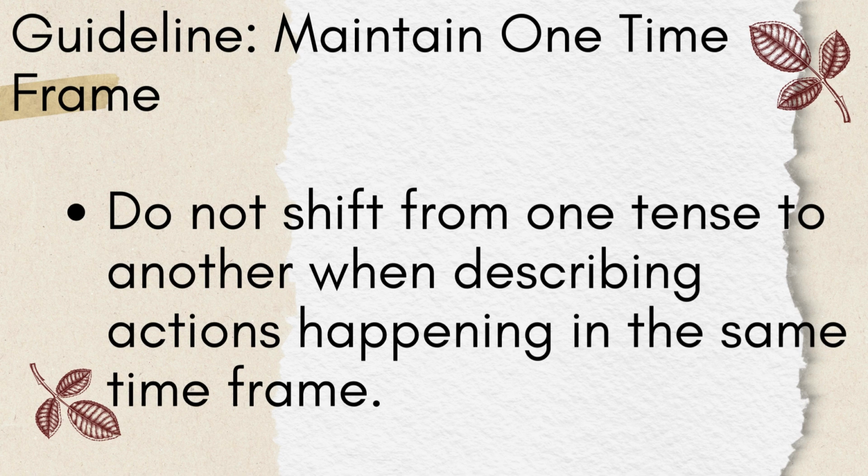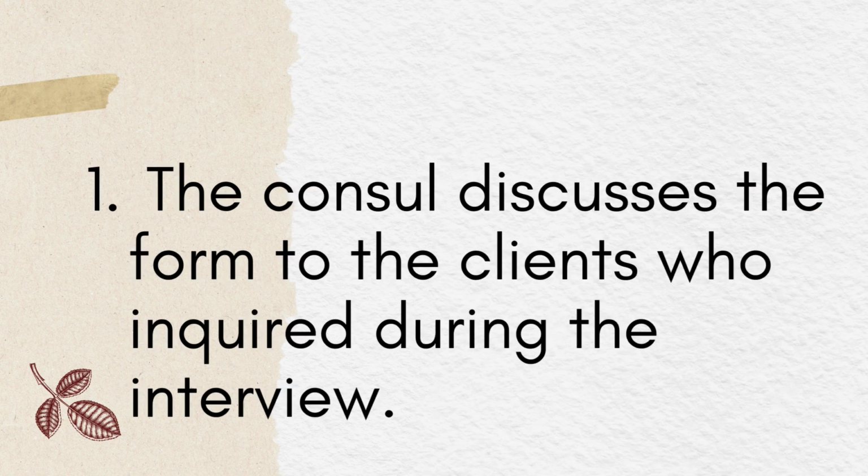Verb tenses should be consistently used, and do not use different types of tenses in one sentence, specifically when it talks about a specific time frame. Like if it is present, you should use present. If it is past, you should use another verb in past. You don't mix and match.